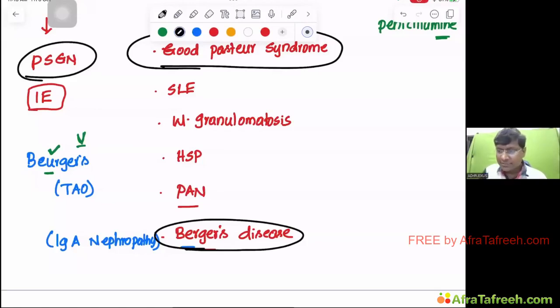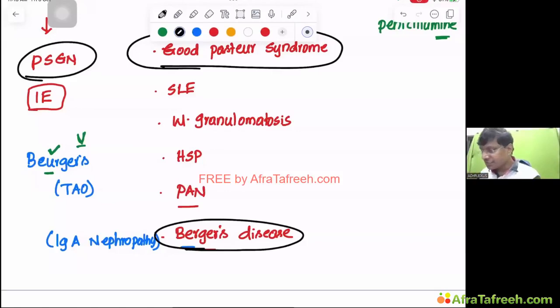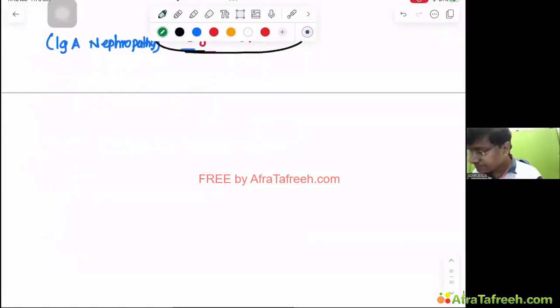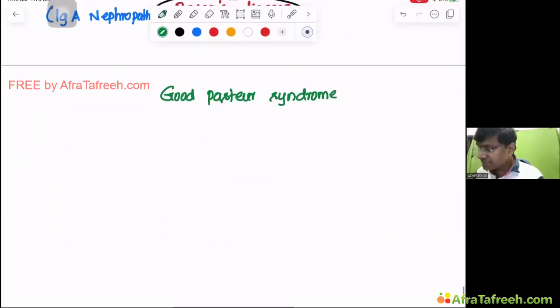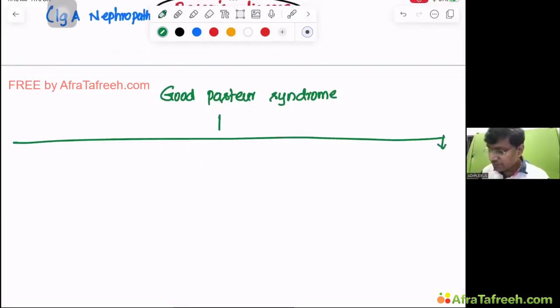Okay, next. Now, let me take up the discussion of Goodpasture syndrome. As the name itself is telling you, it is a multi-system disease. And what are the organs?